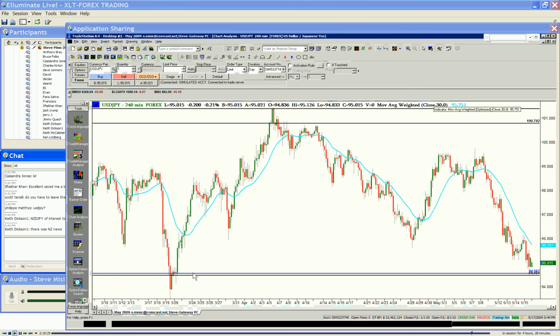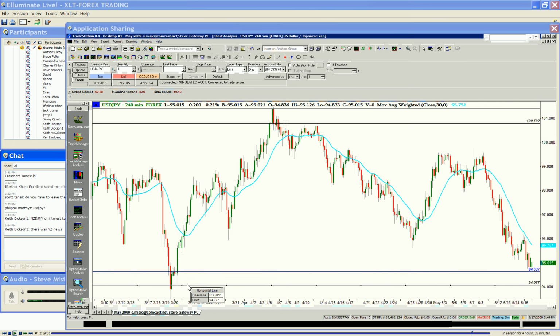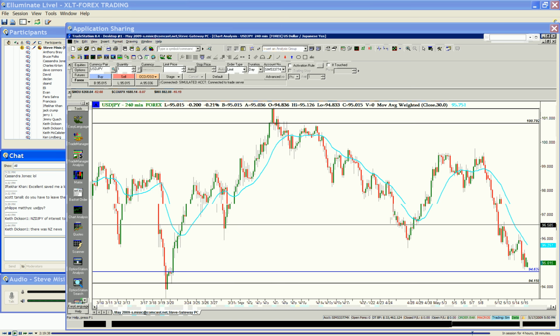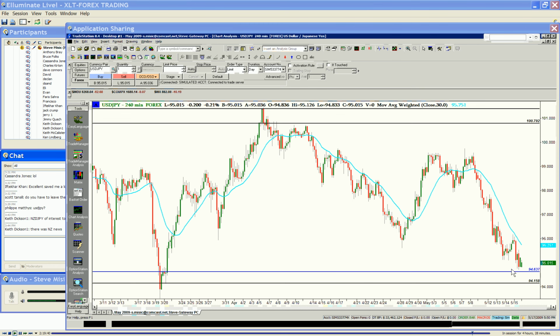Our 240 chart has got this big drop base rally here, drop base rally, the origin of this big move, and we've been trying to get down there and bounce off of it for a few of these 240 charts. So there's definitely some interest in this currency down here.